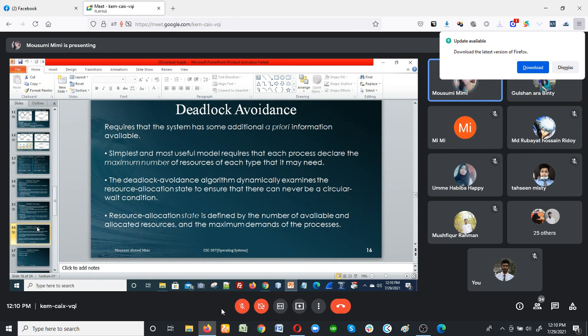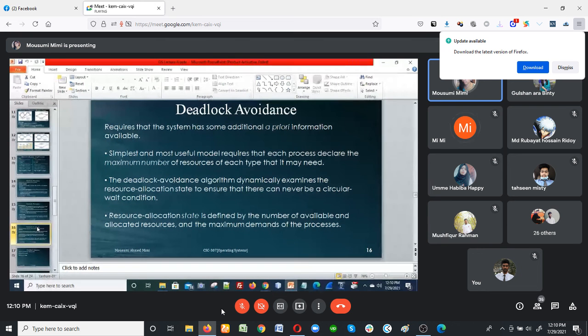Each and every process does not need the same maximum number of resources. Some processes need only one resource, some need only two, some need 10 resources. So it depends on the process.